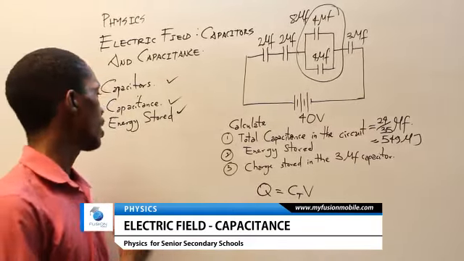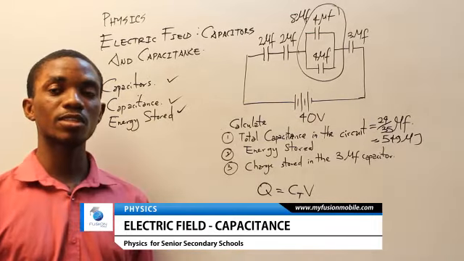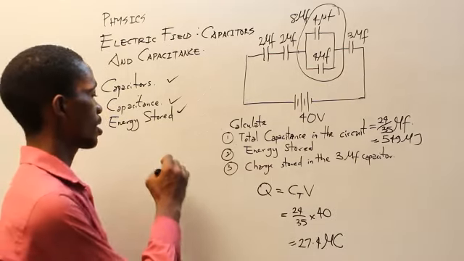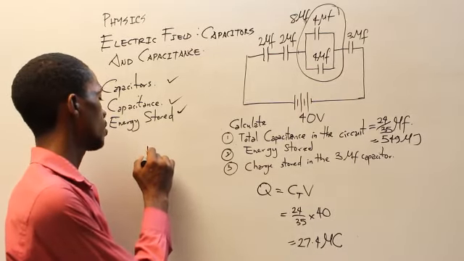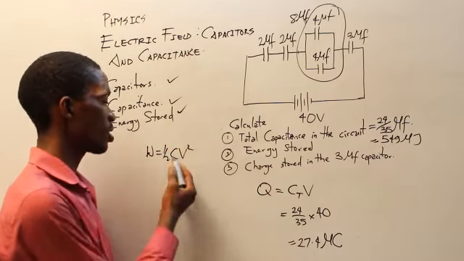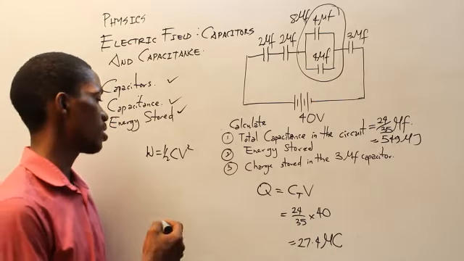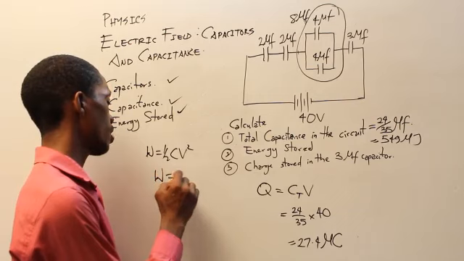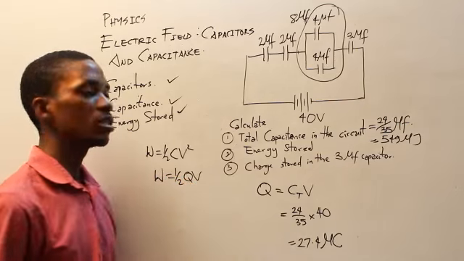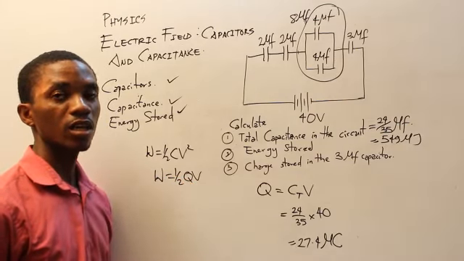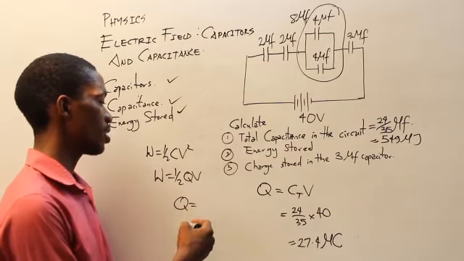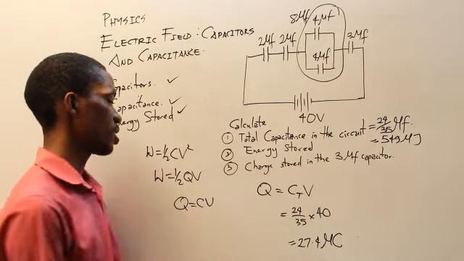We then looked at energy stored in capacitors, since everything we have been talking about is all about storing charges. So we calculated energy stored as work done equals half CV squared, where C is the capacitance of the capacitor and V is the voltage. Work done is also calculated by half QV, where Q is the charge in a capacitor. We also can calculate the charge accumulated in a capacitor by VC.